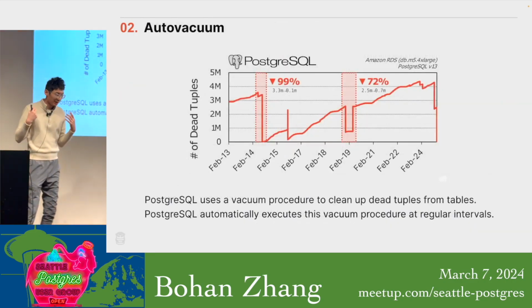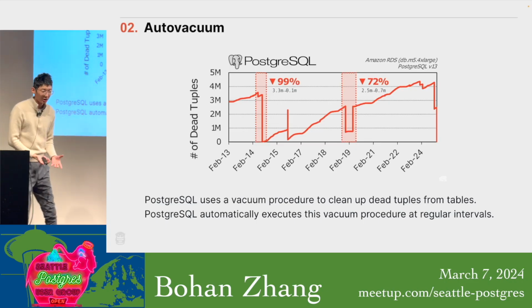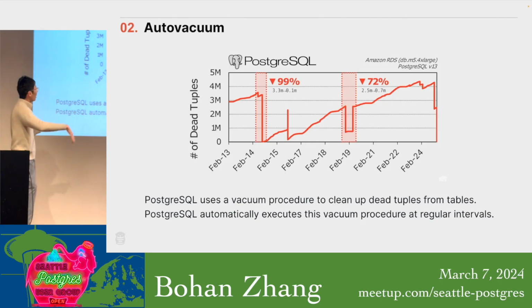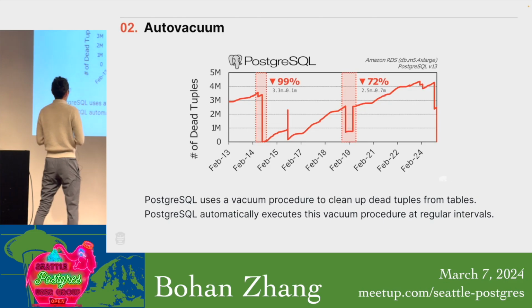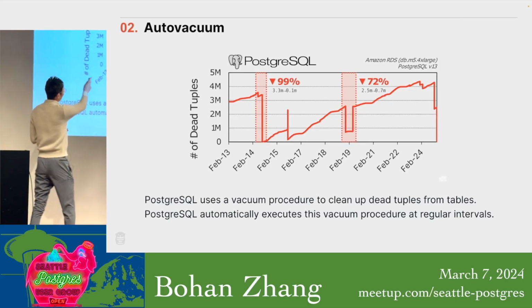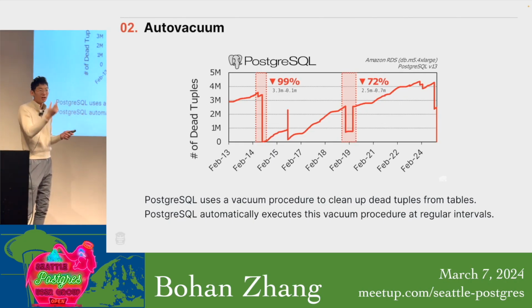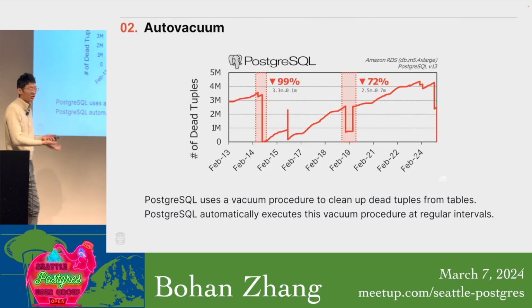And of course, Postgres has to remove the old tuple versions, right? Postgres has the autovacuum process, which is triggered regularly to clean out the dead tuples, to remove old versions that are no longer needed by users. You can see in this figure the number of dead tuples. Dead tuples means the expired versions in the database, the old versions in your table.